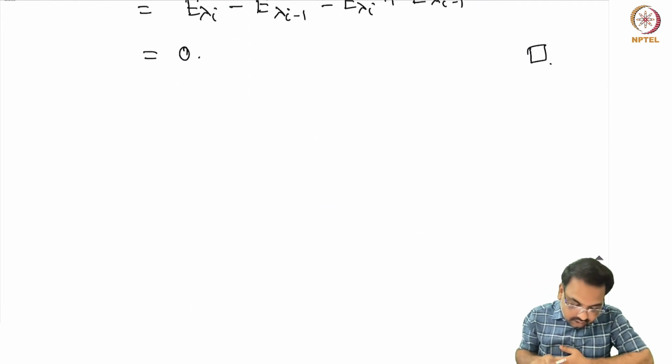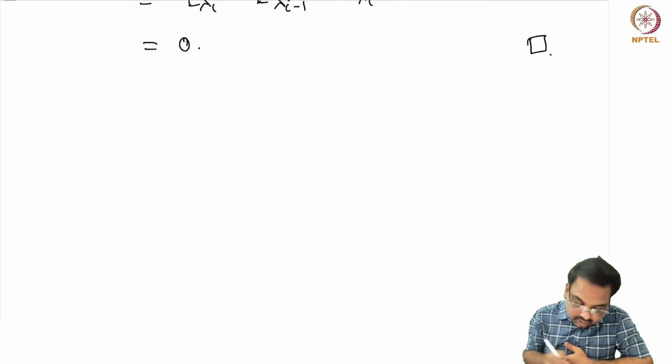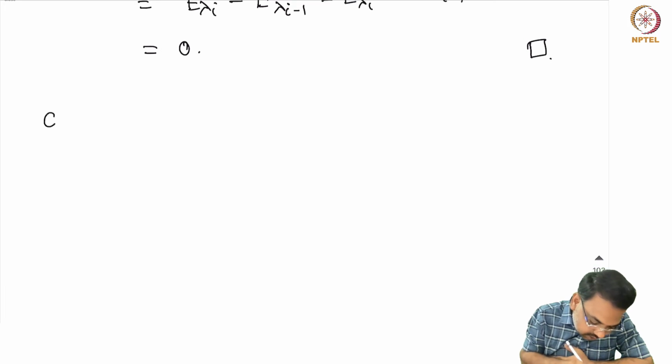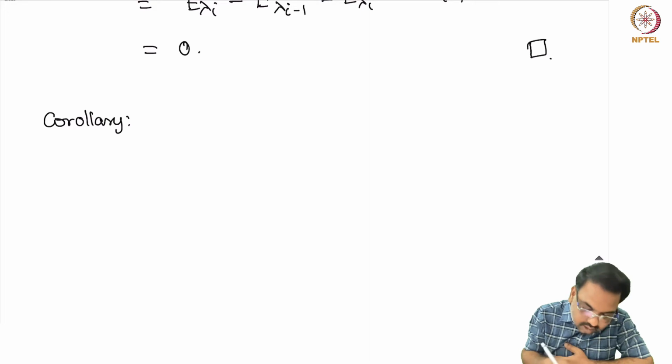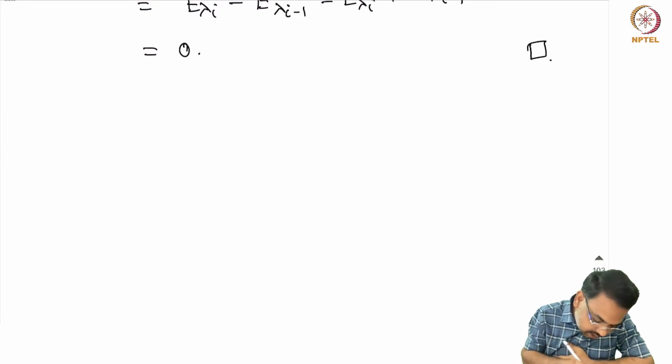Now we can ask the same question: what will happen to T power 3, T power 4, all those things? We can prove it the same way. So I will write a generalization.